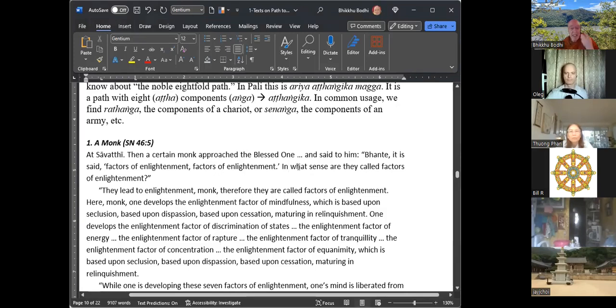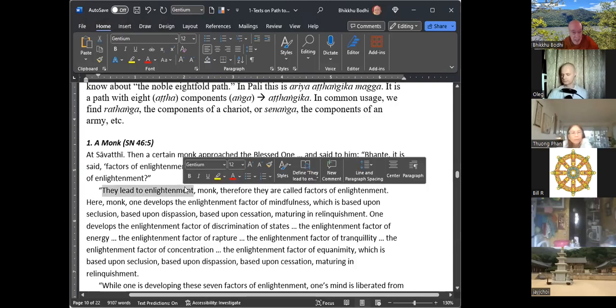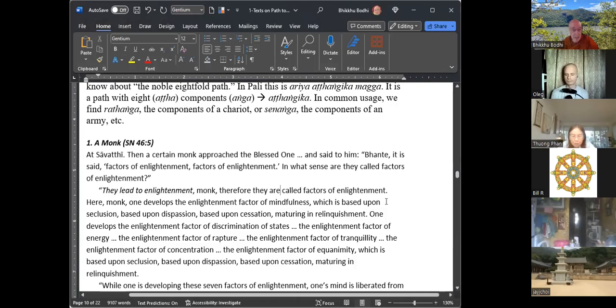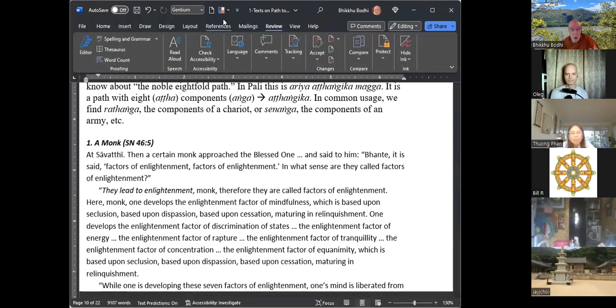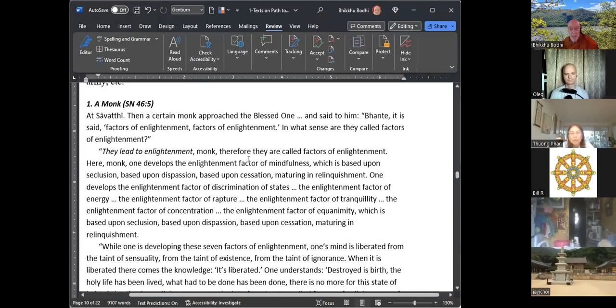And then he asks, in what sense are they called factors of enlightenment? And the Buddha answers that they lead to enlightenment, and therefore they're called factors of enlightenment. You can see here that the word factors is used in the causal sense. So these are 7 factors that lead to enlightenment, that bring the attainment of enlightenment.